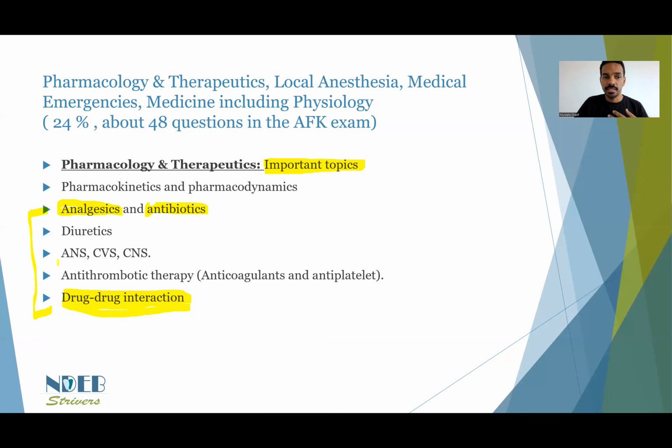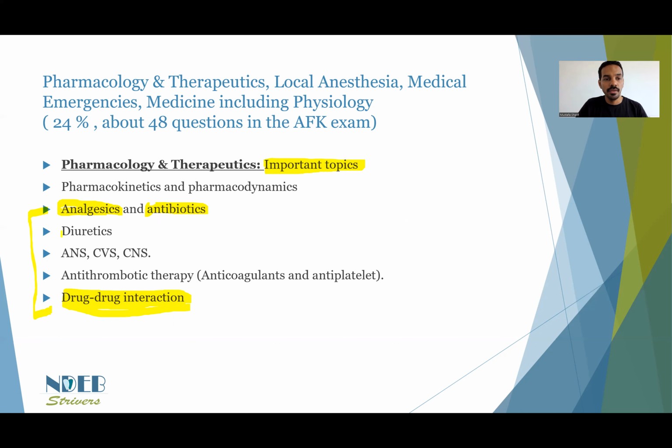I would suggest that knowing the drug-drug interaction for the analgesics most commonly used by dentists and the antibiotics that we usually prescribe for patients is the most important category to start with. And then you can expand into other kinds of drugs or systems. But always focus on the drug-drug interaction related to analgesics and antibiotics commonly used by dentists.